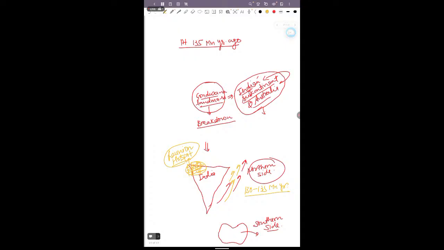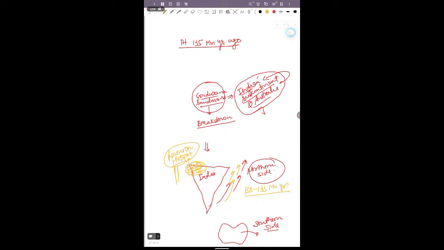So when the Indian landmass was passing above the Reunion hotspot, which is basically a volcanic region, the volcanic magma and lava that erupted from here made the Deccan Trap of India.